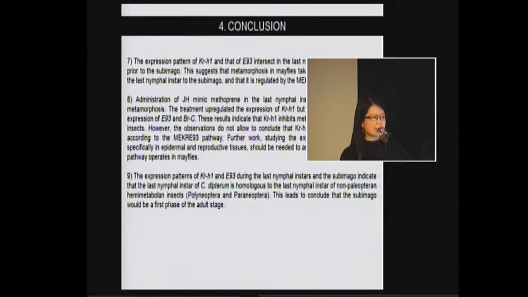Nine, the expression pattern of Krüppel homolog 1 and E93 during the last nymphal instars and the subimago indicates that the last nymphal instar of Cloeon dipterum is homologous with the last nymphal instar of non-Palaeopteran hemimetabolan insects, Polyneoptera and Paraneoptera. This leads to the conclusion that the subimago would be the first phase of the adult stage.